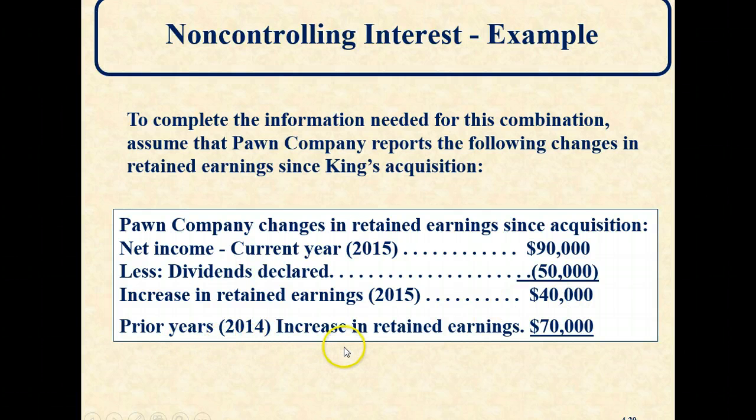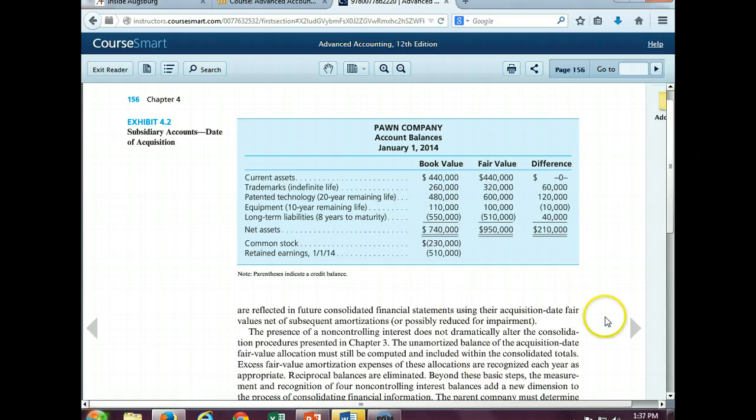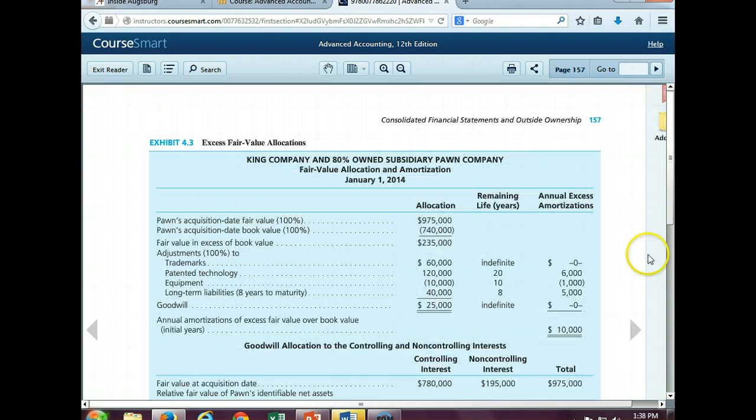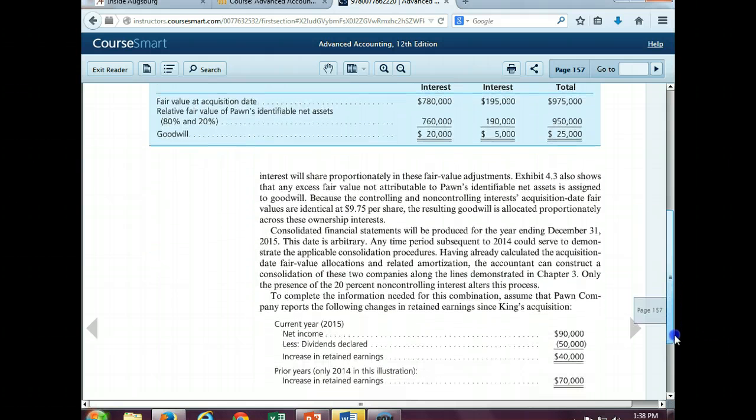In 2014, they had a $70,000 increase in retained earnings. So if I go back here to the book, that gives us the fair value. As we look here, we understand how they're allocating goodwill.